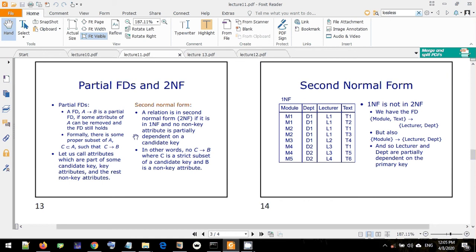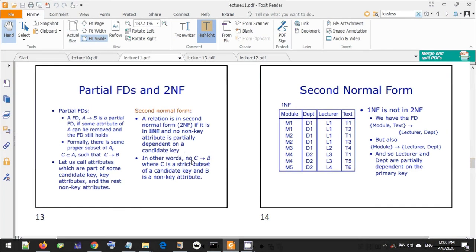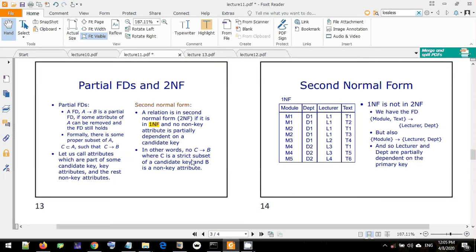In other words, we can say there is no C functionally determining B, where C is strictly a subset of the candidate key and B is a non-key attribute.